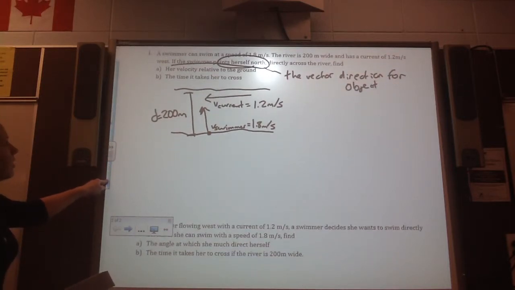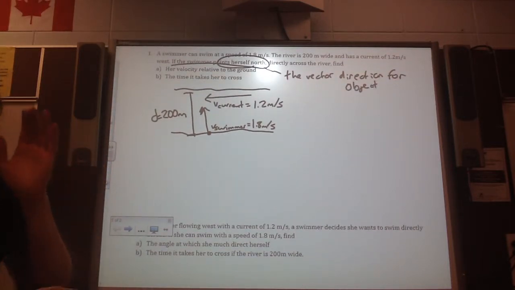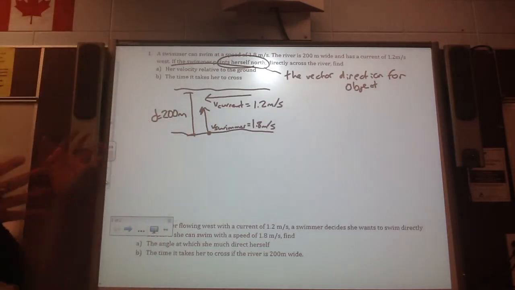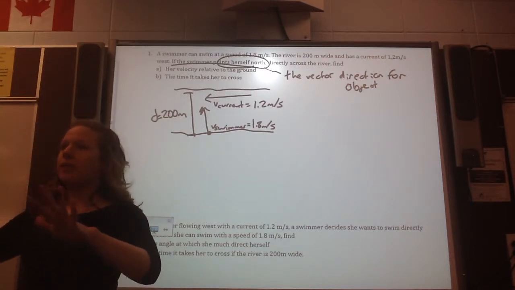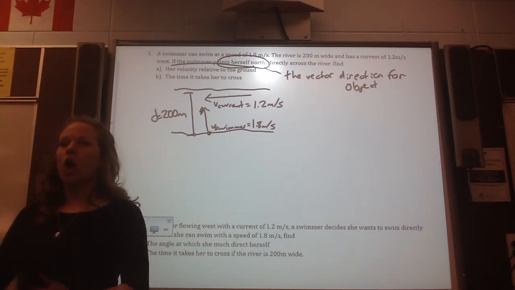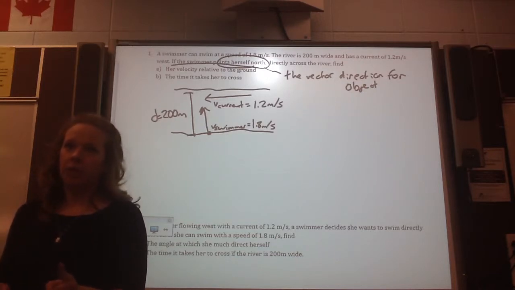So these are all called relative motion questions. So when it says her velocity relative to the ground, that means if somebody was watching the swimmer from the shoreline, what would it look like? Okay?